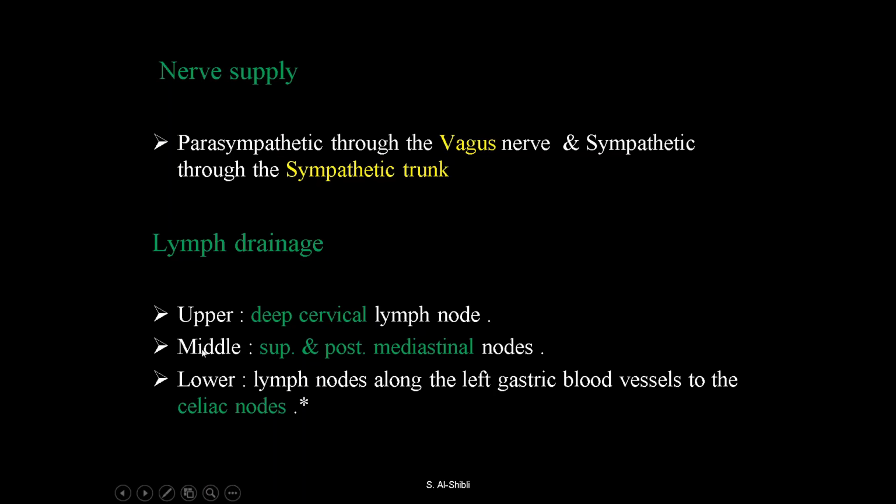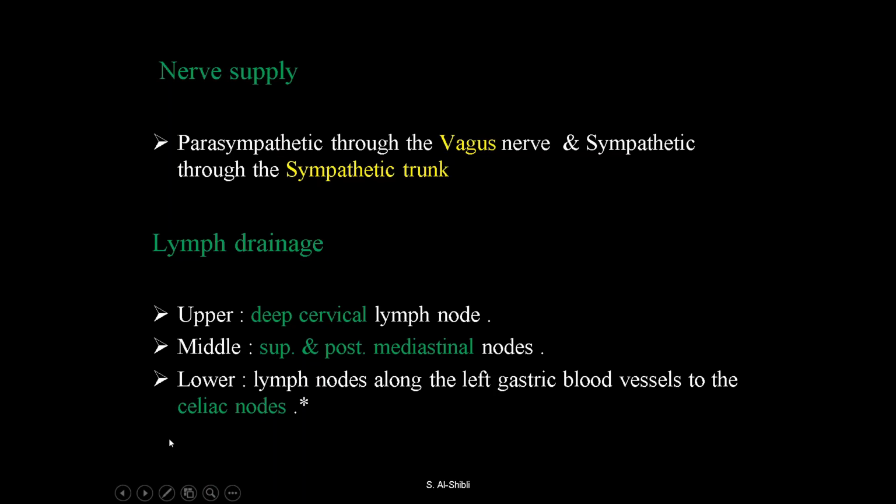If your cancer is in the middle part of the esophagus, you need to open through a thoracotomy, and you must go to the superior and posterior mediastinal lymph nodes. These are in the posterior mediastinum. While if your lesion is in the lower part of the esophagus, you ought to open not only the thorax, but we sometimes do an extended thoracotomy through the thorax and the abdomen.